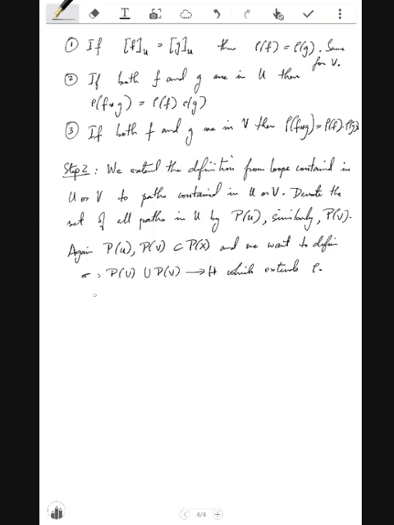So before we define sigma, first we will fix some choices.